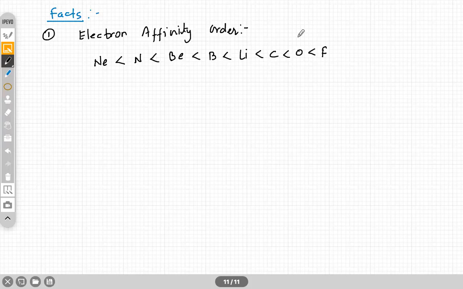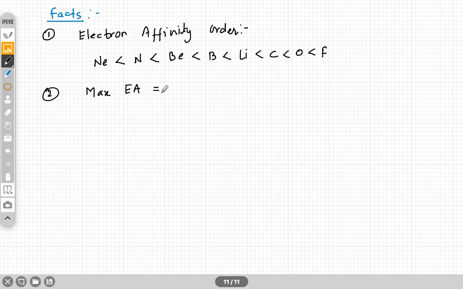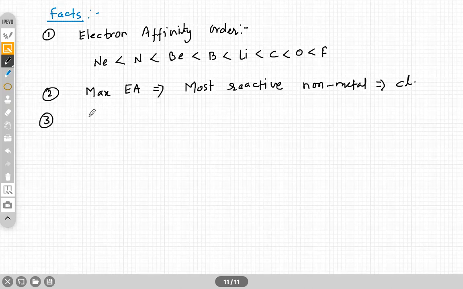If we talk about the maximum electron affinity, maximum EA, it is for the most reactive non-metal. All these you have to memorize. The most reactive non-metal is chlorine, with maximum electron affinity in the periodic table.